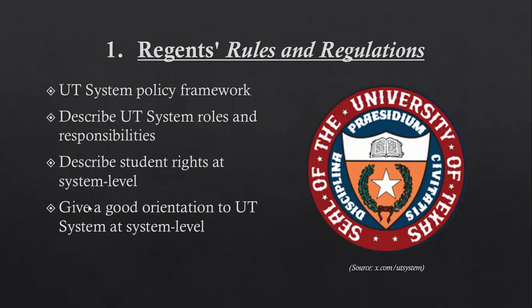They identify roles and responsibilities of UT System authorities, such as the board itself, the system chancellor, the general counsel, and the local university president. They describe both student rights and privileges at the system level, and they overall give a good orientation to UT System community life at the system level.